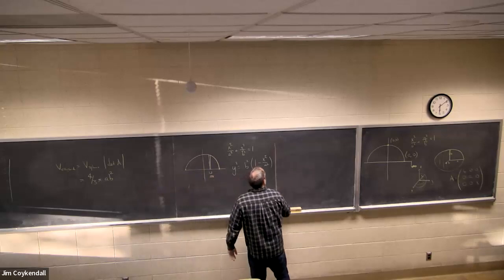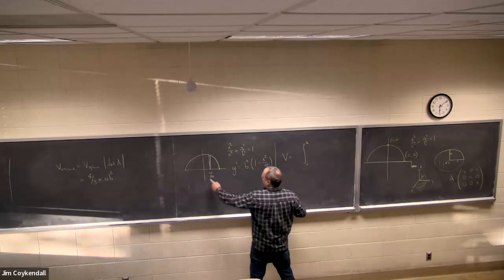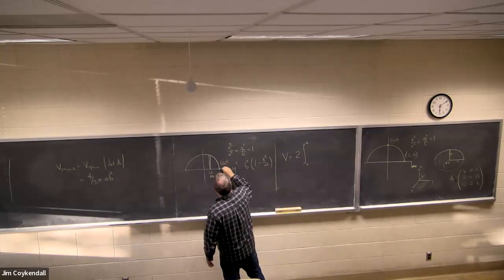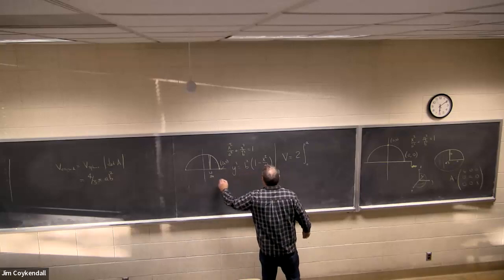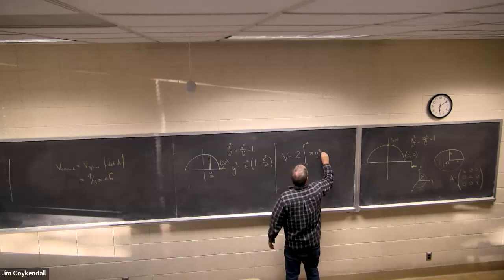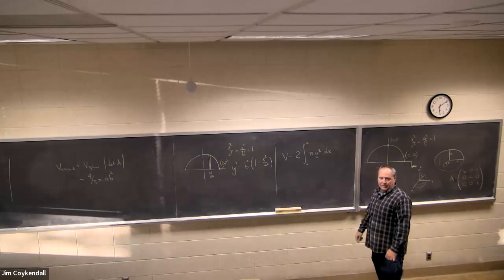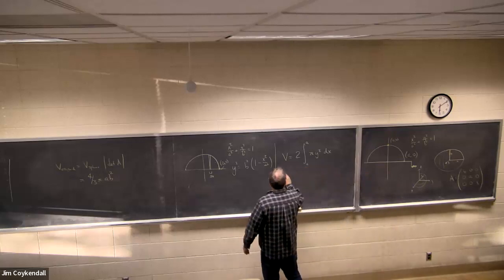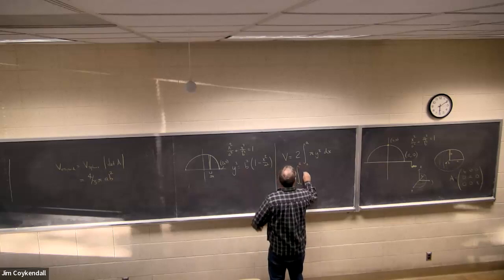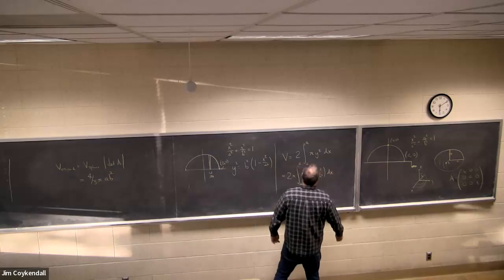The volume of this should be the integral from 0 to a, doubled, of pi radius squared, which is y squared, dx. That's 2 pi times the integral from 0 to a of b squared times 1 minus x squared over a squared dx.